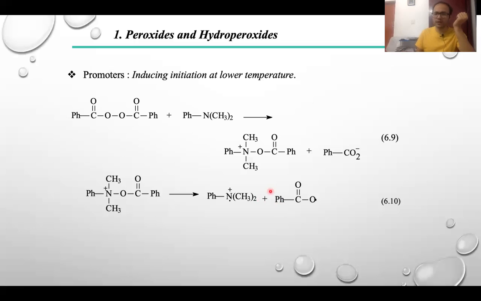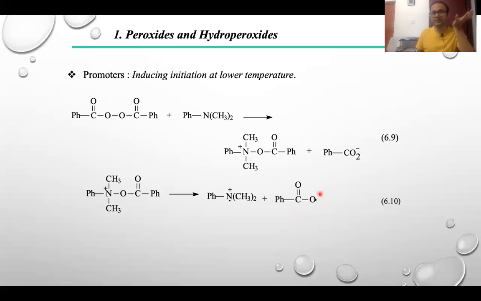So this is another way of inducing the reaction at a pretty lower temperature. For this, we use certain promoters like N,N-dimethyl aniline, and it undergoes the reaction to form our required benzoyl oxy radicals, which is used for the free radical polymerization.